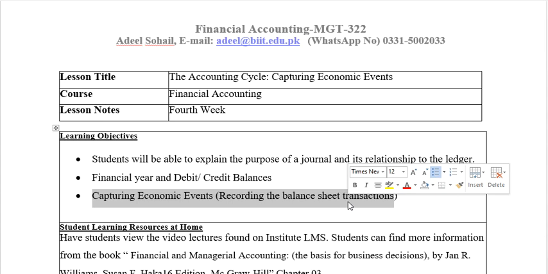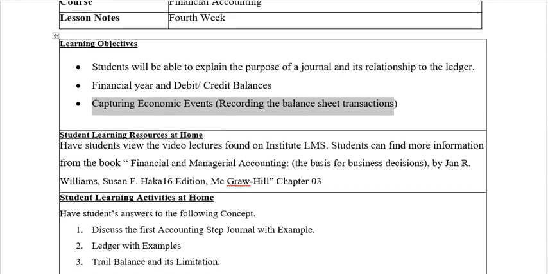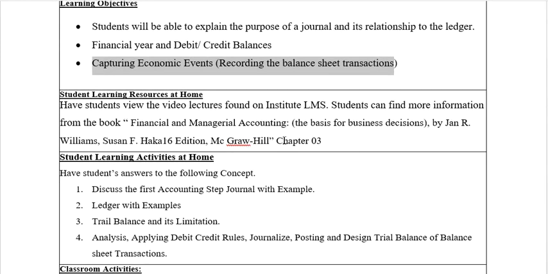I mean three accounts, three charts of account; mostly the transactions you will face are related to assets, liabilities, and owner's equity. This lesson notes is easily available on your Institute LMS. You can learn and get help from chapter number 3 of your book.